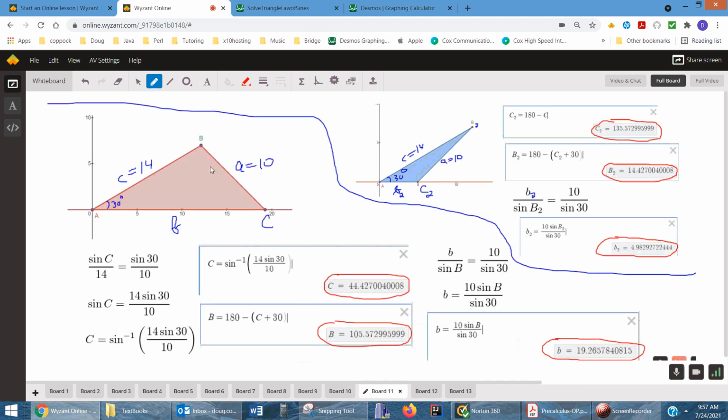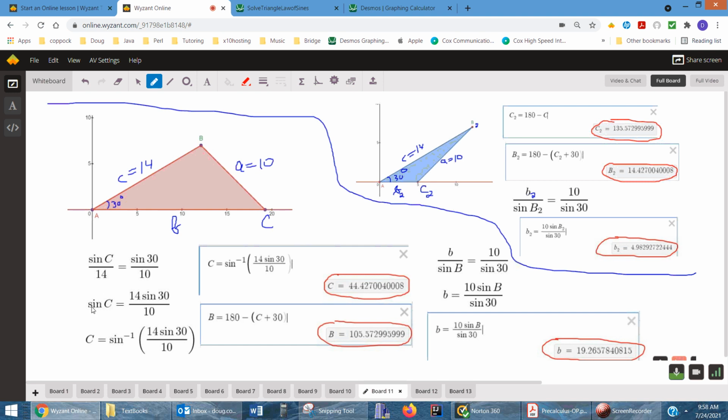How do you do it? Well, we're going to use the law of sines because we know an angle, 30, and the side opposite. We're going to start by solving for C because it's the acute angle that's opposite the fixed side. So it must be true that the sine of C is to 14, its opposite side, as the sine of 30 is to 10, its opposite side.